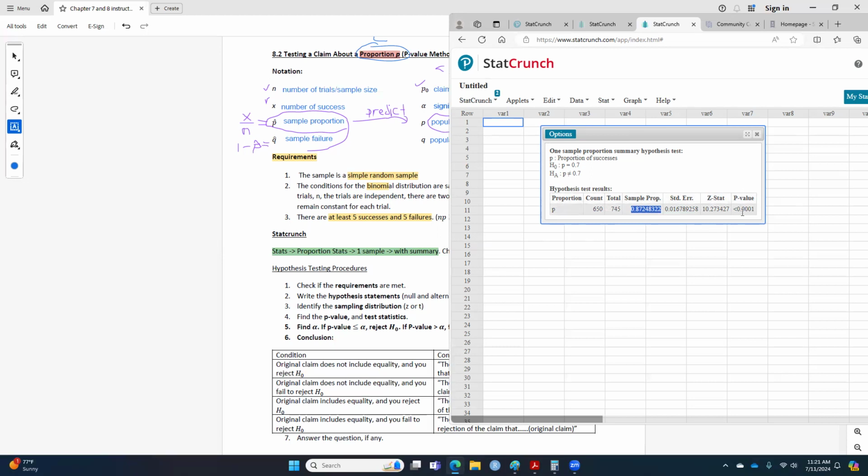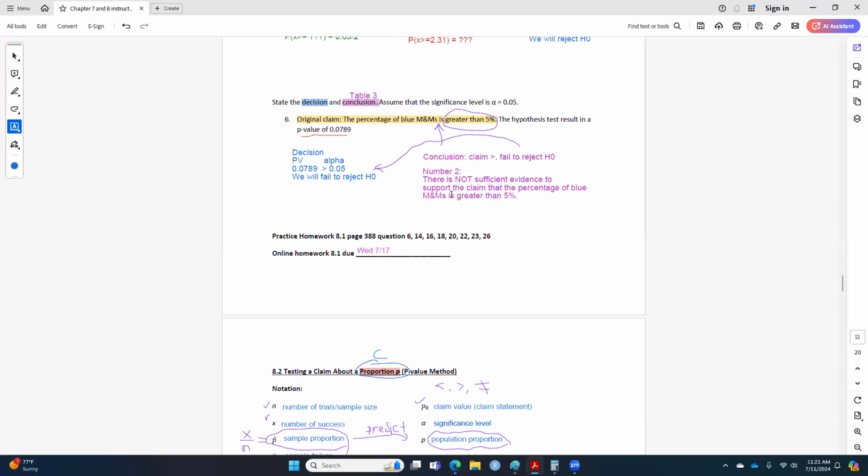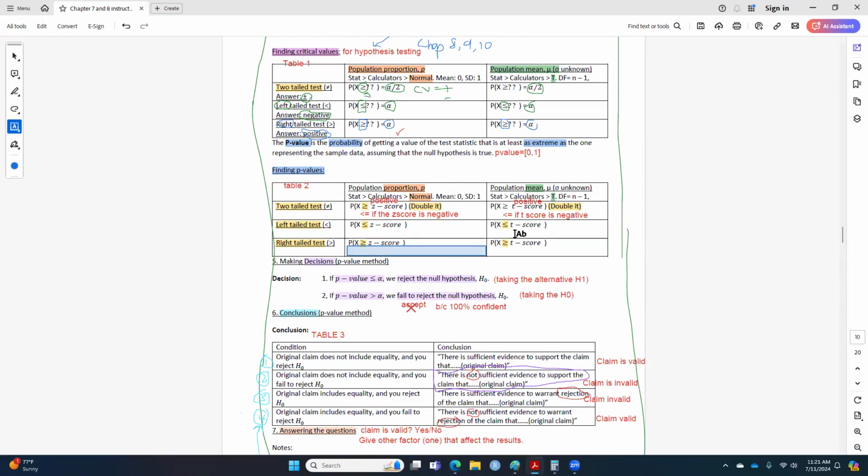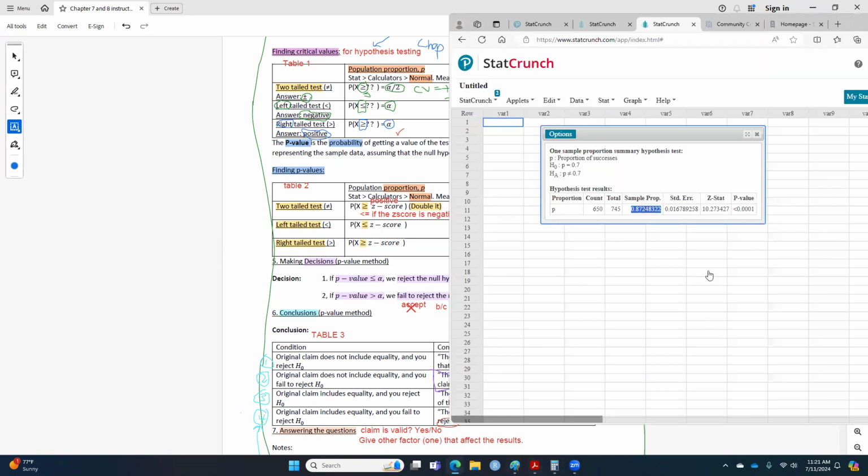The good news is that if you do it this way, StatCrunch automatically calculates the p-value. So you do not need to go to table number 2 to figure out the p-value. And moreover, it will double it for you if it's a two-tailed test. So you do not need to worry about doubling the p-value here.